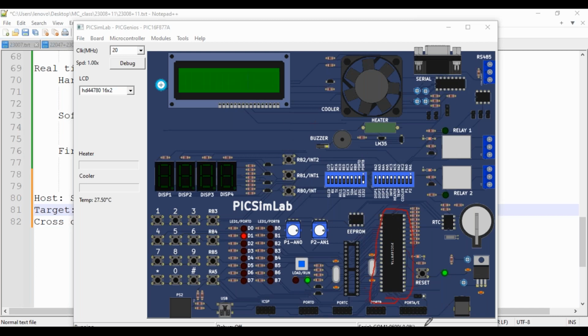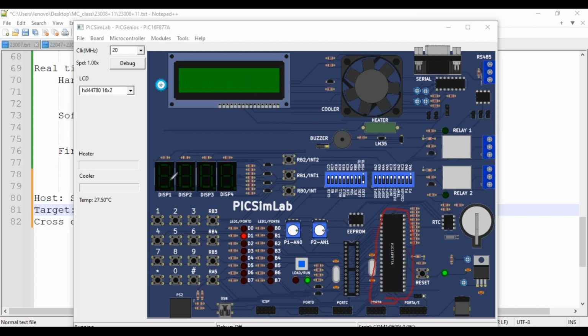This microcontroller already has certain things built in, and these peripherals are already connected to it. Because in any embedded systems design, along with the microcontroller, you will need LEDs, switches, a display, and SSDs.